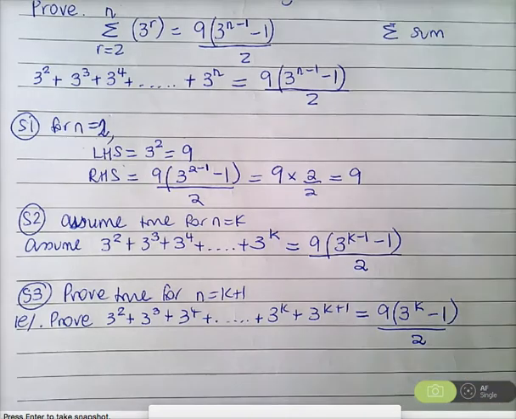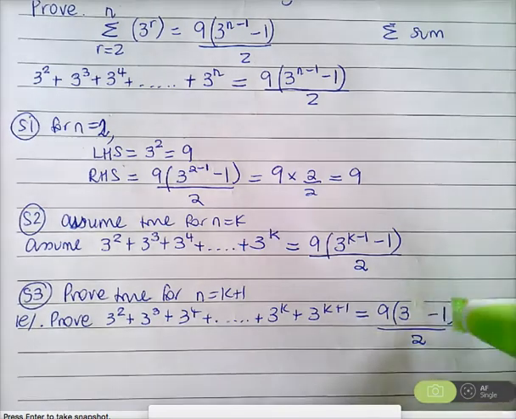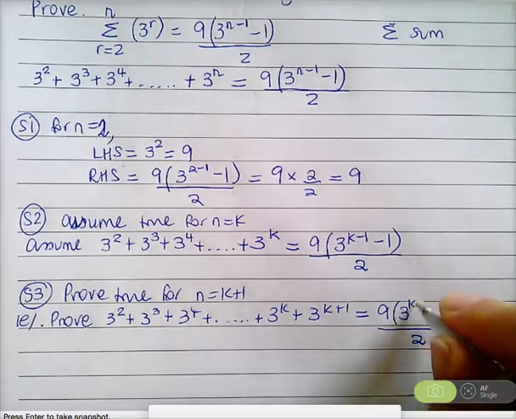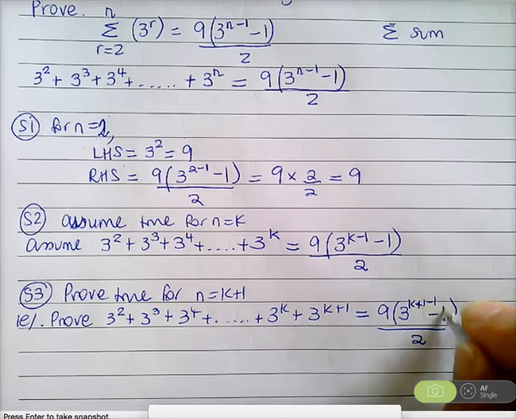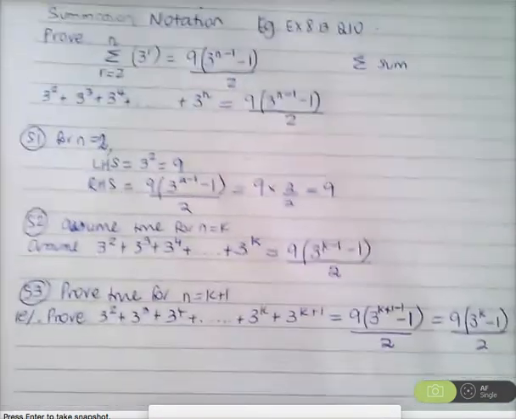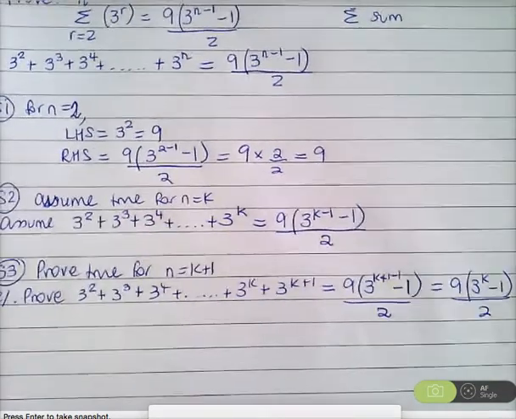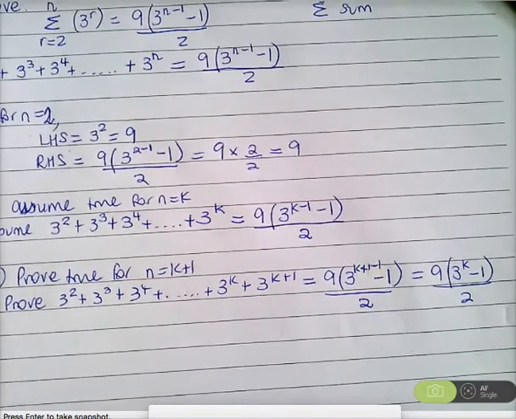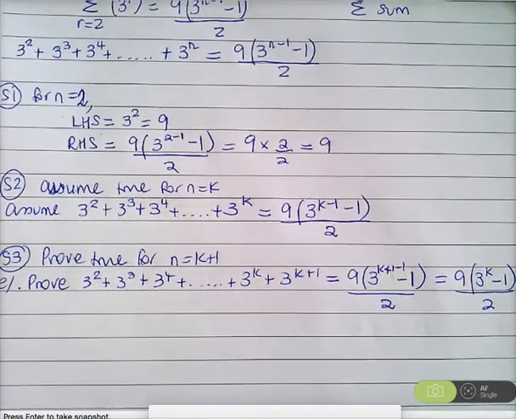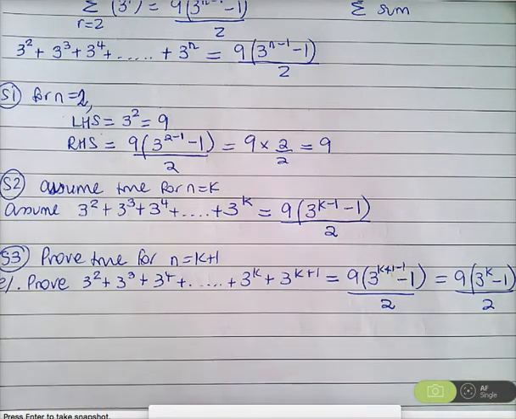If you want, you can write it out in 2 steps here, going k plus 1 minus 1, which is 9 times 3 to the k minus 1 on 2, to show the step of working where you're replacing the n with k plus 1. Again, you know what to do. Start with the left-hand side, replace the bit up to 3 to the k with the assumption, and try to manipulate it so that you get the expression on the right-hand side.